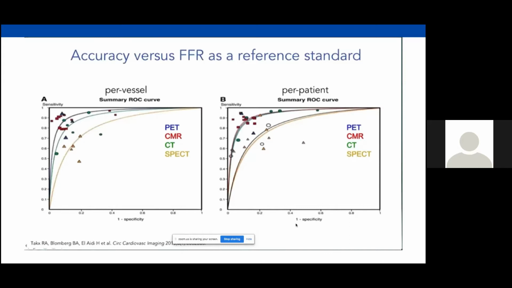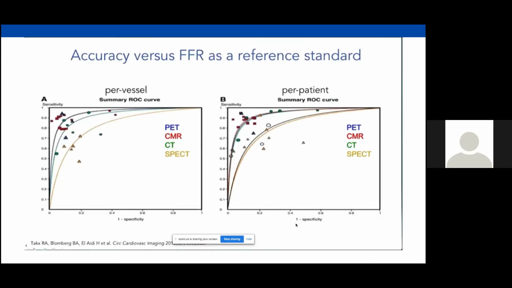And secondly, there are many studies and a large body of evidence that shows how the clinical accuracy of cardiac MR is better when compared to CT and SPECT.